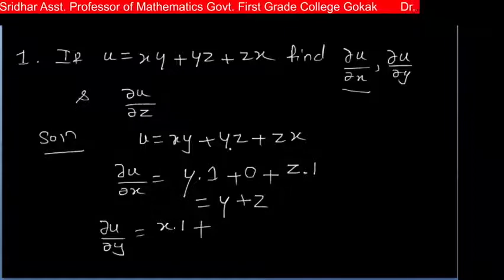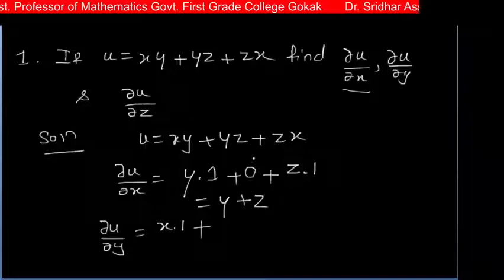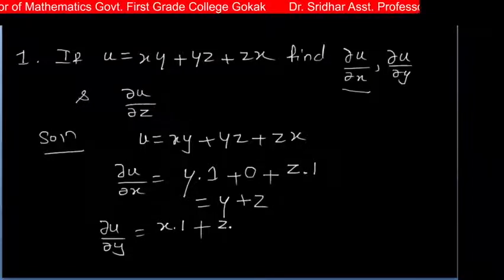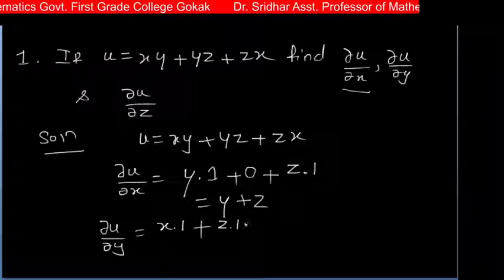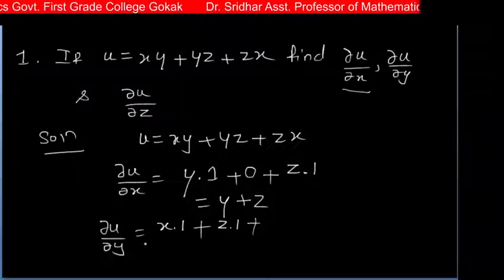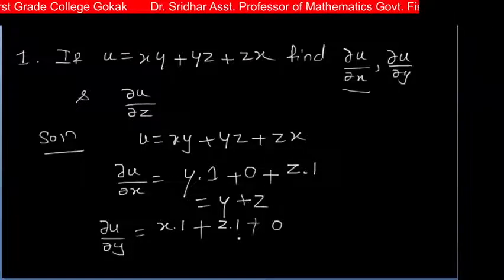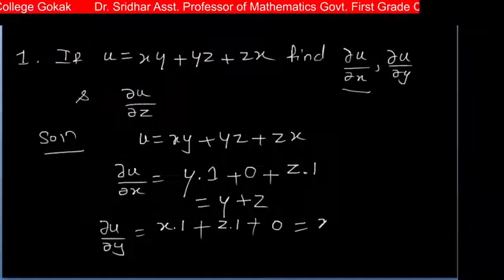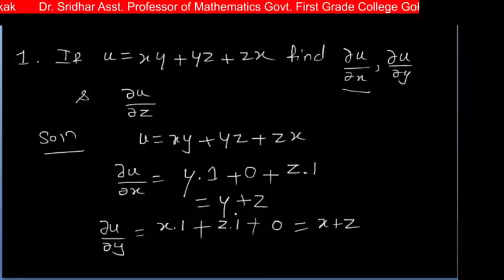Then plus here, differentiating with respect to y means x and z are constant, so we write z as it is, and differentiation of y with respect to y is 1. Next, x and z are constant, so its differentiation is 0. So which is equal to x plus z.